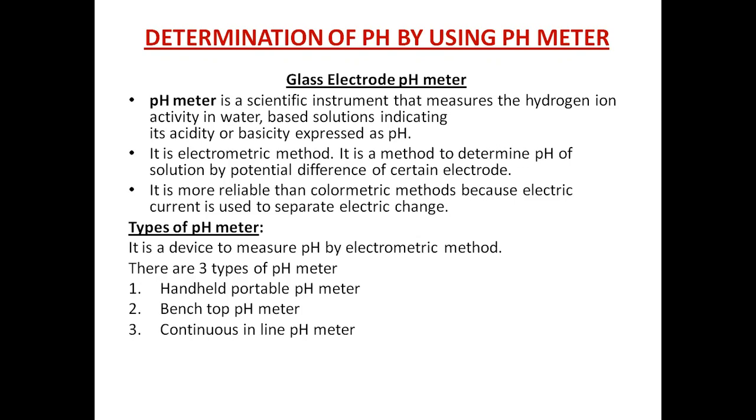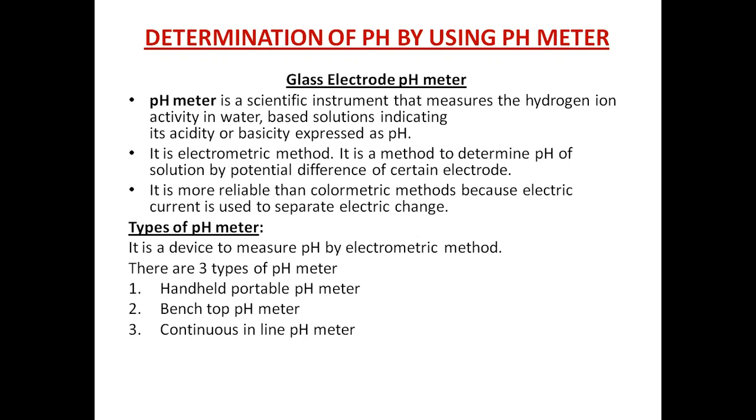A pH meter basically measures the solution pH by measuring the electrical potential difference between the pH electrode and a reference electrode. We will discuss these electrodes later.